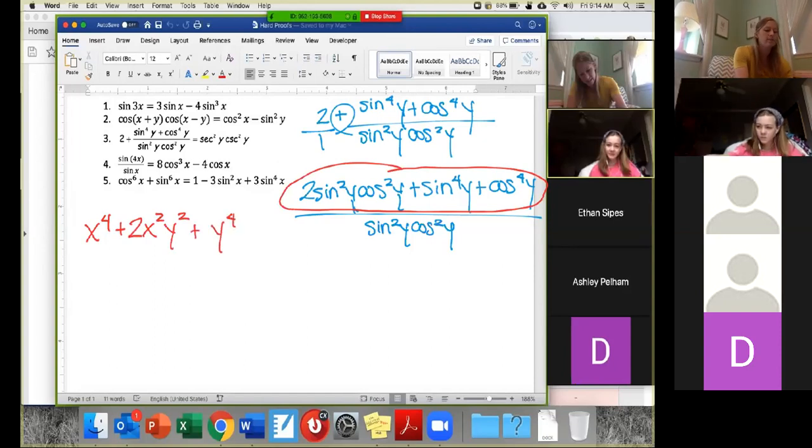Does that look like something we've done before? Factoring. Now, currently, the way that one stands, it's not in the format that we're used to. But if I move stuff around, it might work a little bit better.